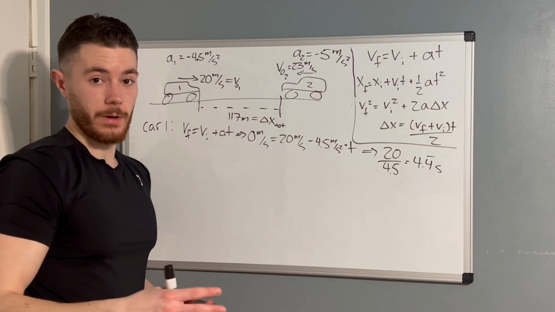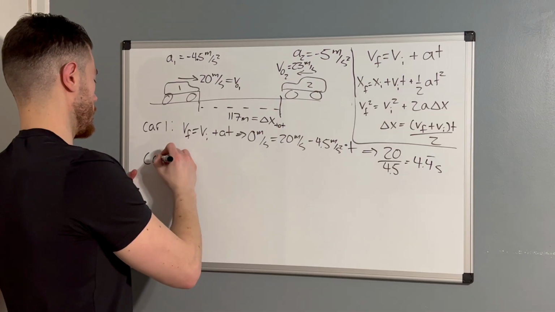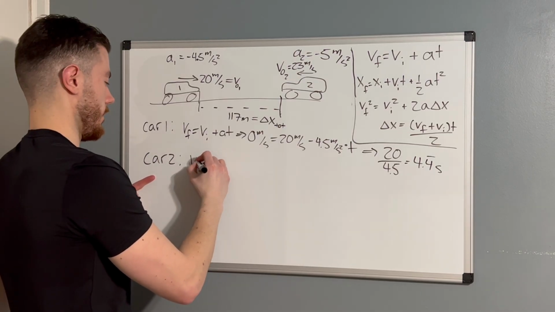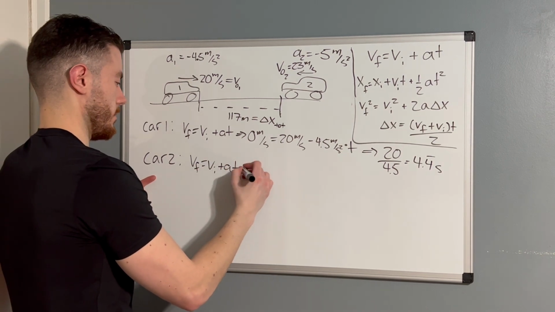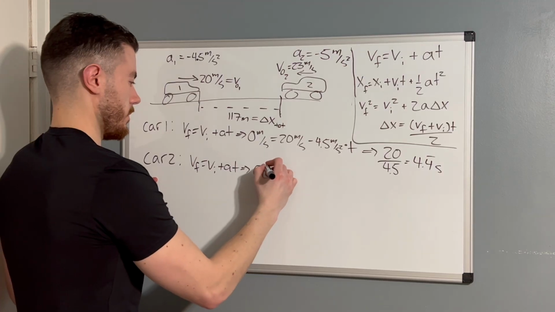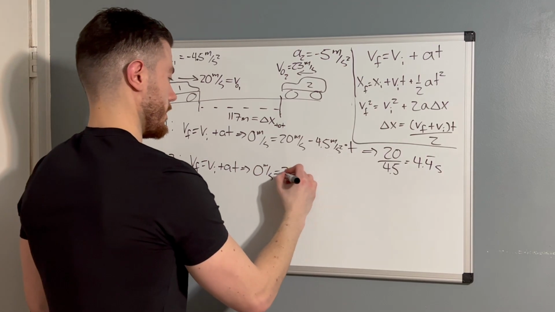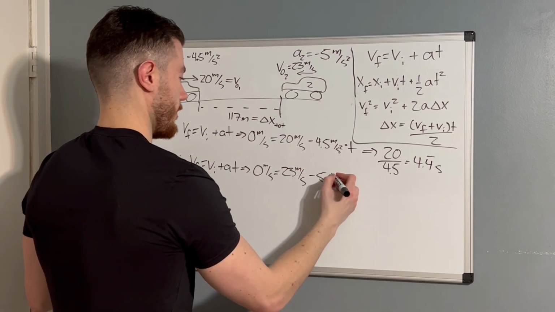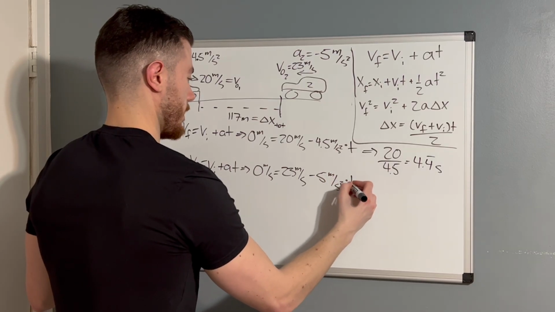Now let's calculate the amount of time it takes car 2 to stop. We can use the same equation just for car 2. V final equals V initial plus a t is going to be 0 meters per second equals 23 meters per second minus 5 meters per second squared times time.